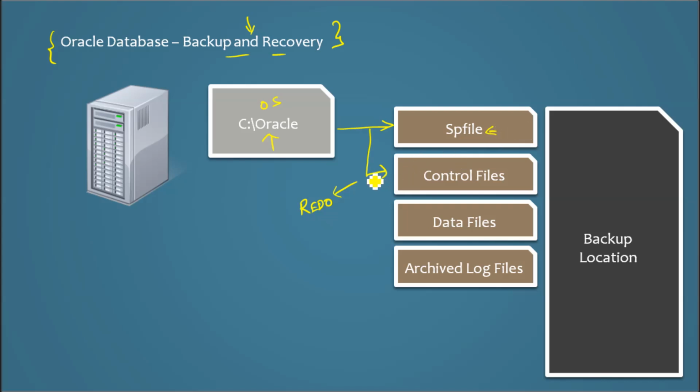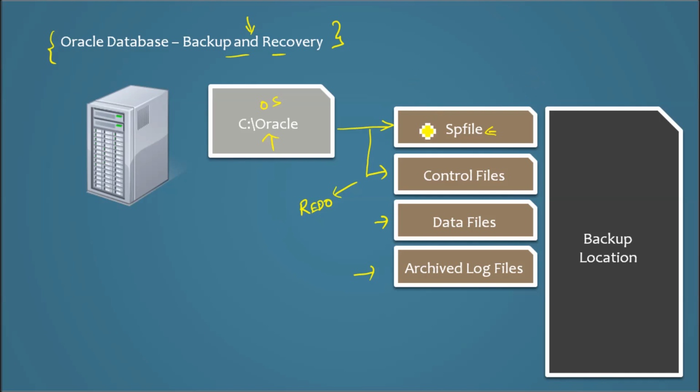The SP file has information about control files, and from the control file we get the information about the data files. Also, if the database is in archive log mode, archive log files get created.